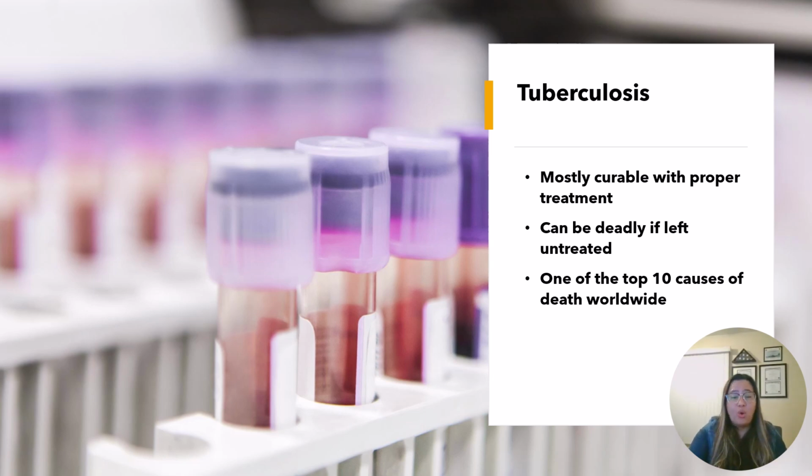TB is one of the top 10 causes of death worldwide, with millions of new cases each year, especially in sub-Saharan Africa and Southeast Asia. So understanding the epidemiology of TB helps in designing effective public interventions to reduce it from spreading.